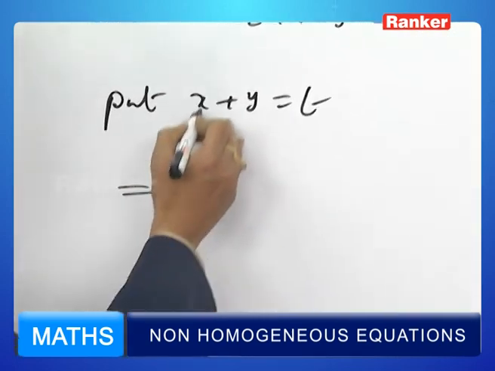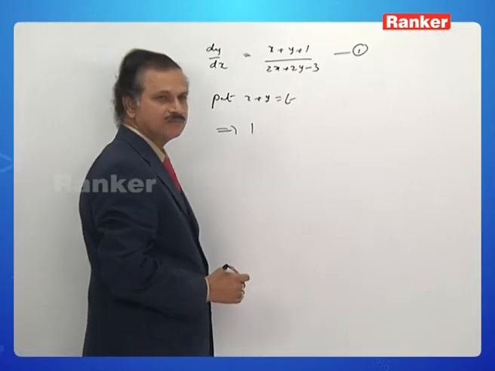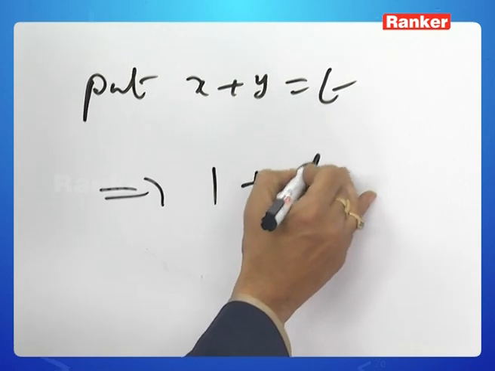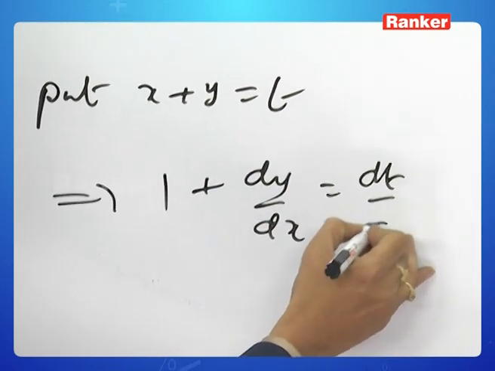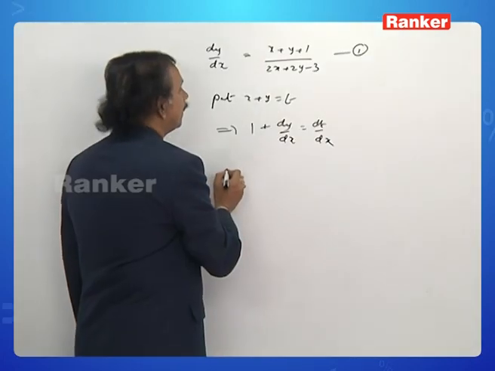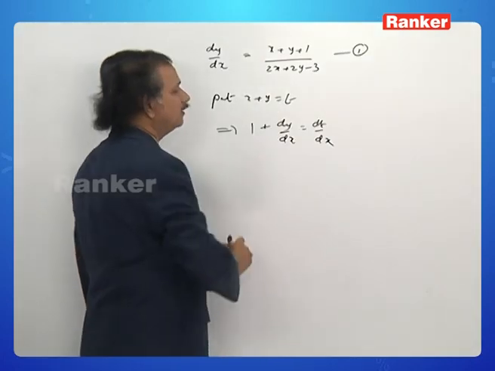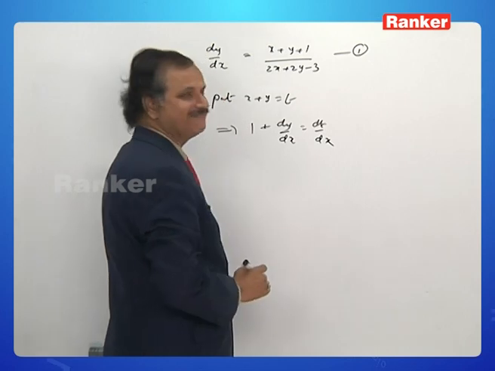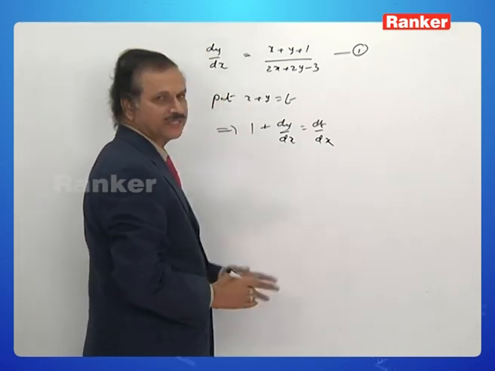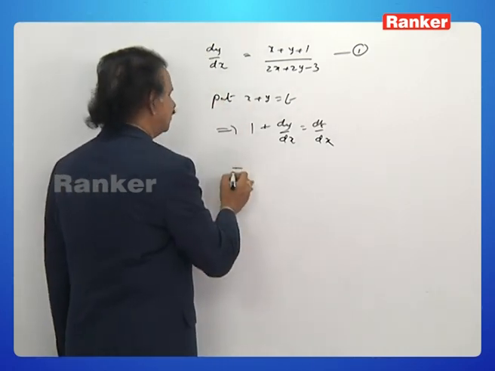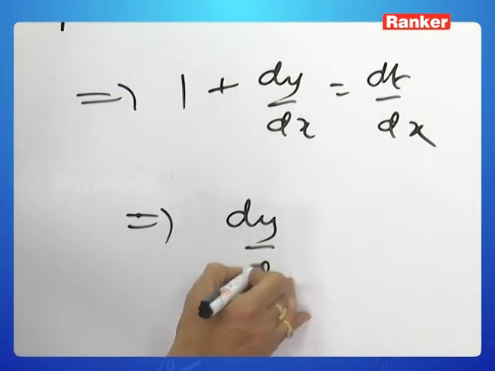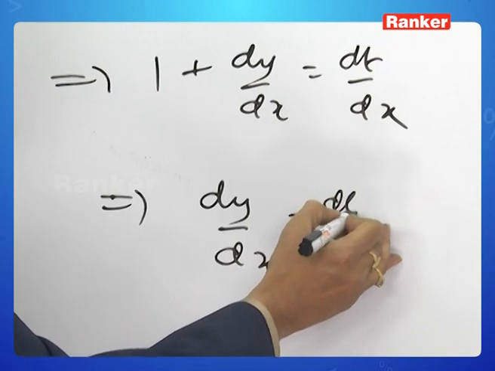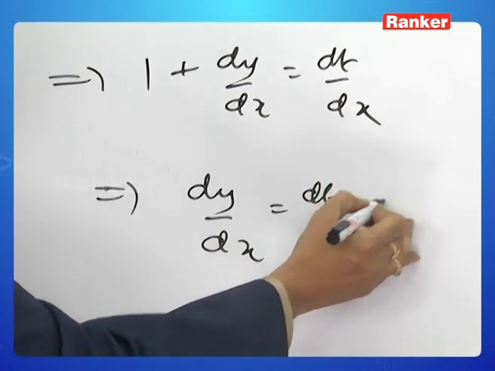This implies, differentiating, for x it is 1 and for y it is dy by dx, so 1 plus dy by dx is equal to dt by dx. Or else, there are simple steps. Okay, no problem. dy by dx is therefore equal to dt by dx minus 1.